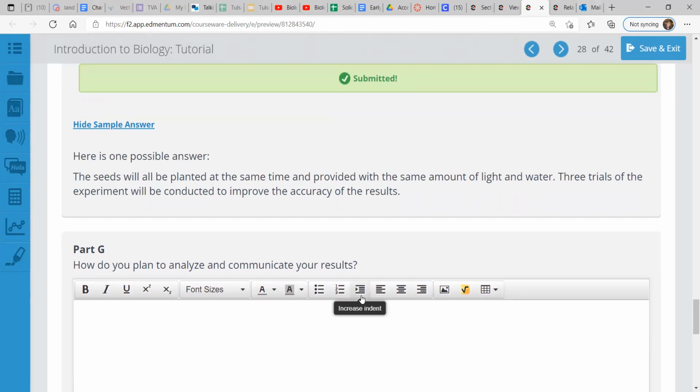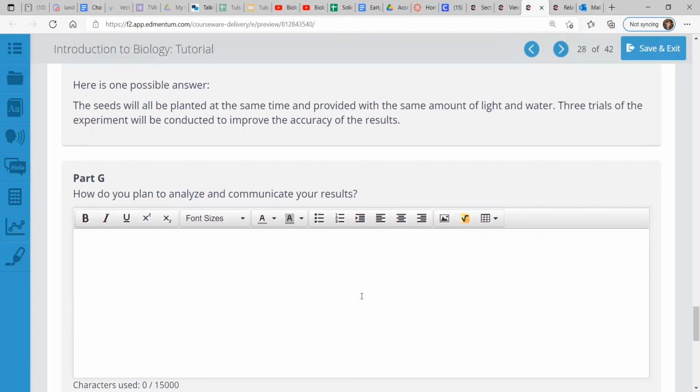One possible answer here is the seeds will all be planted at the same time, provided with the same amount of light and water. Light, water, and timing will help us control for other factors. 3 trials of the experiment will be conducted to improve the accuracy of the results. So once again, repeating the experiment again and again can help.